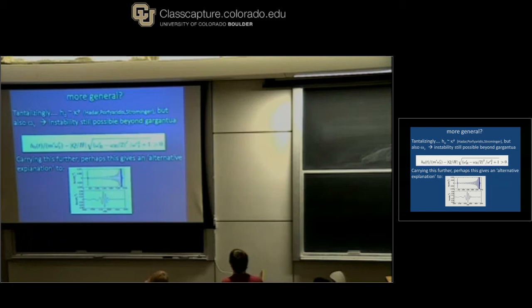Strominger, Hadar, and Porfyriadis did the calculation, and they found out that the size of the perturbation scales with kappa in the same way as the omega. So to leading order, it doesn't seem to be so sensitive to the spin. We did the calculation in the very high spin regime, because that was the case where we can do it most cleanly. But perhaps this is generic.